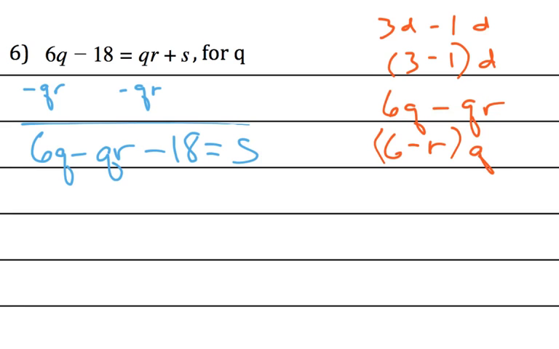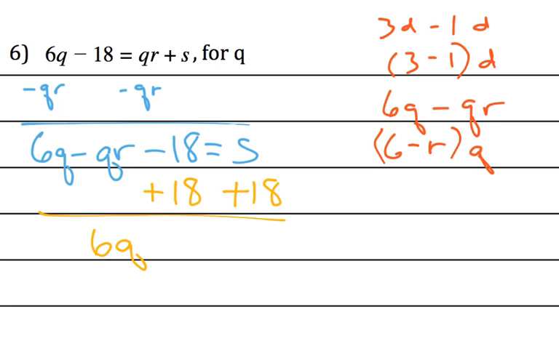Because they both share q. Maybe that's another way I can talk about it and think about it. And hopefully that's helpful to see that I can take the q out from both 6 and minus r later on. But before we get there, let's add 18 to both sides.